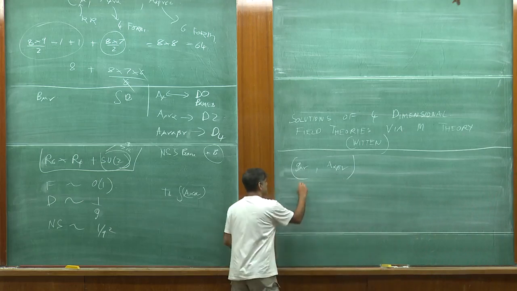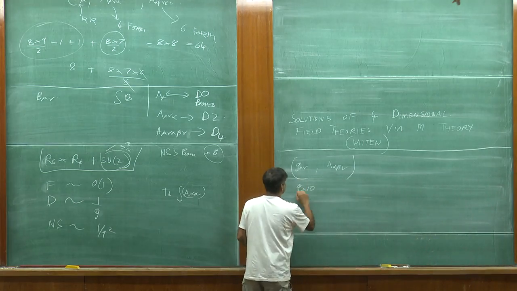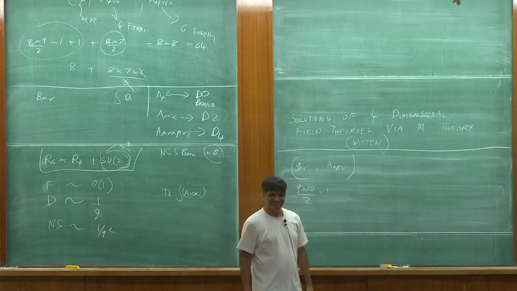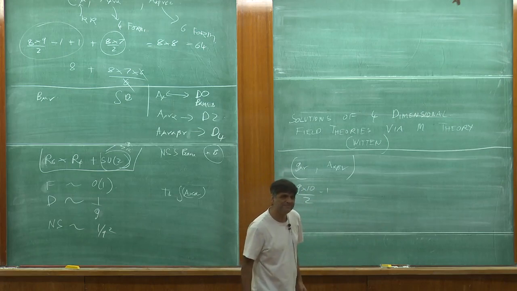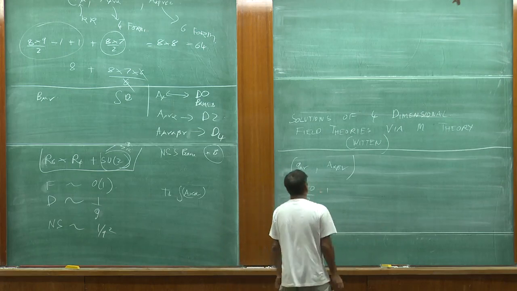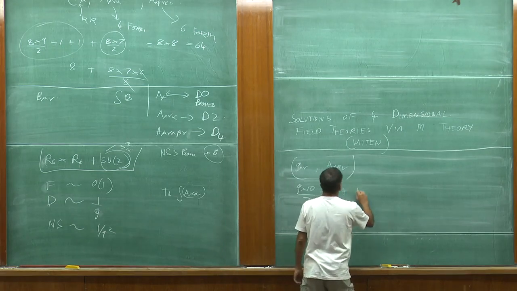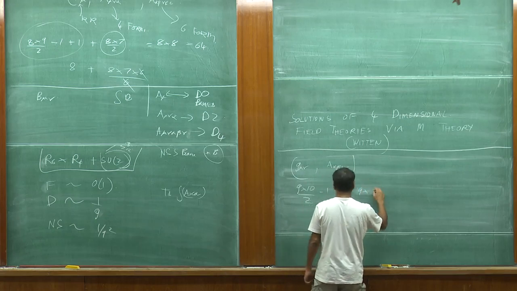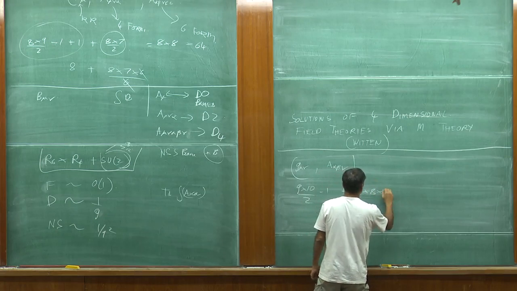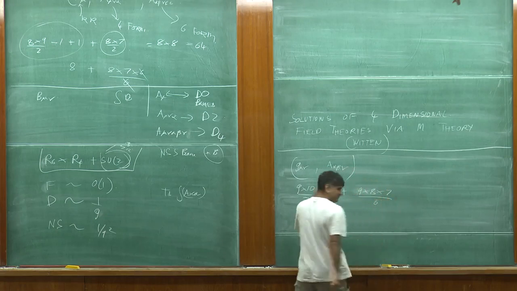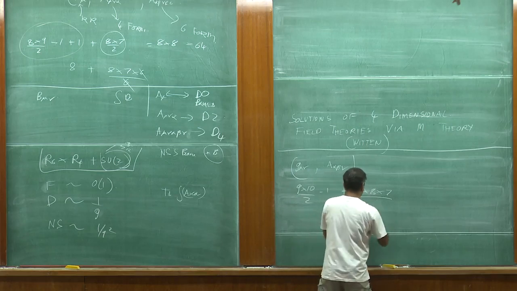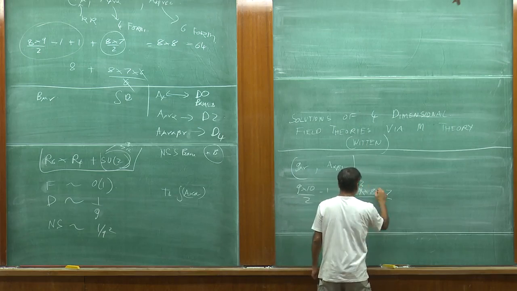So the metric has 9 times 10 by 2 minus 1 degrees of freedom, and the 3-form has 9 times 8 times 7 by 6. So that's 3 goes with 3 here and 2 goes with 4.